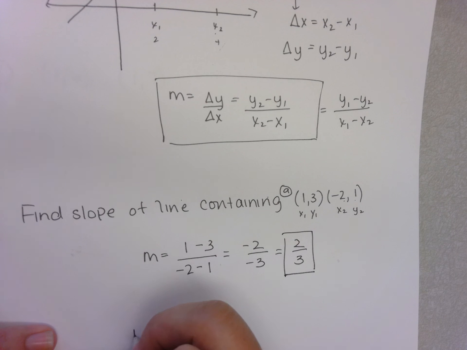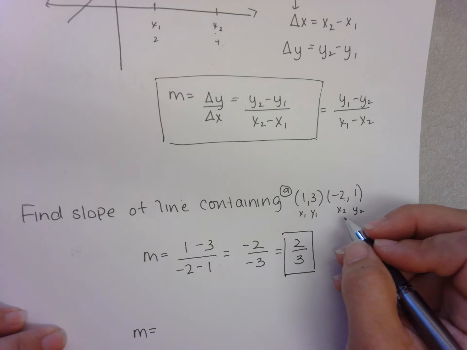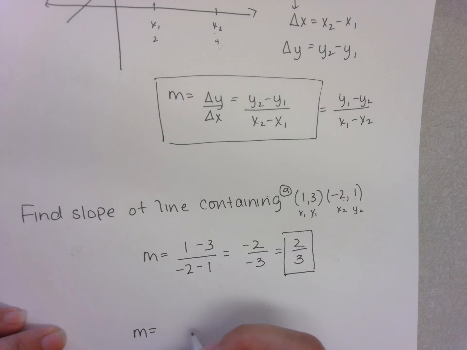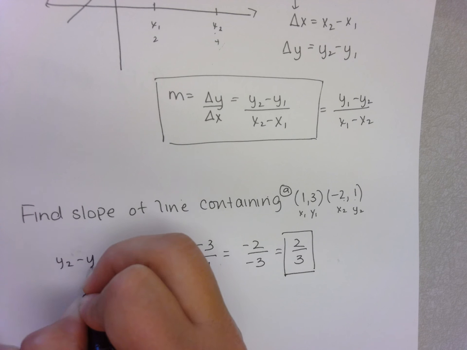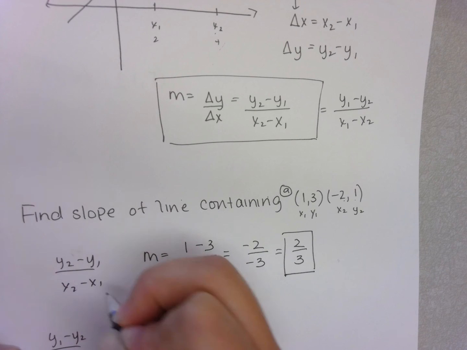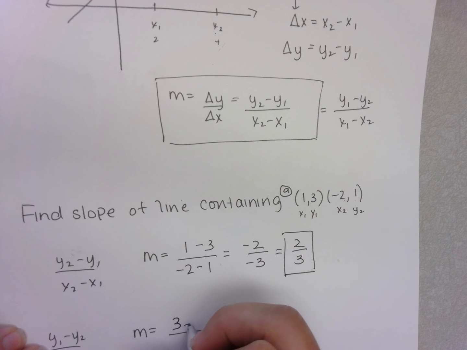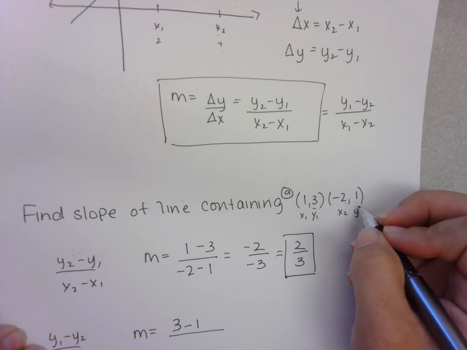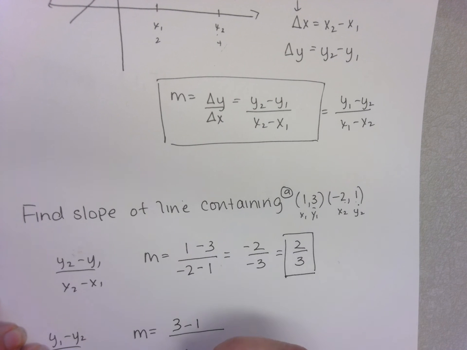Now if I tried to do it in the opposite way, just to prove my point here, instead of doing y2 first, let's do y1 first. So I'm going to do the subtraction in the opposite order. On top I'll use y1 minus y2, x1 minus x2. This one I used y2 minus y1, x2 minus x1. So if I use y1 first, this gives me 3 minus 1 on top, and then my x's will be 1 minus negative 2.